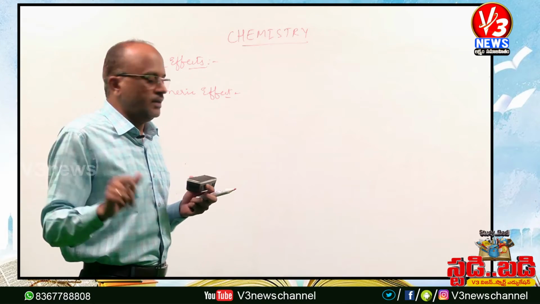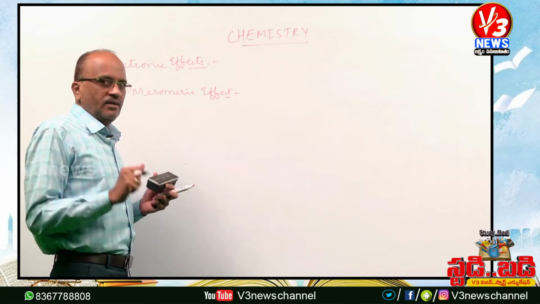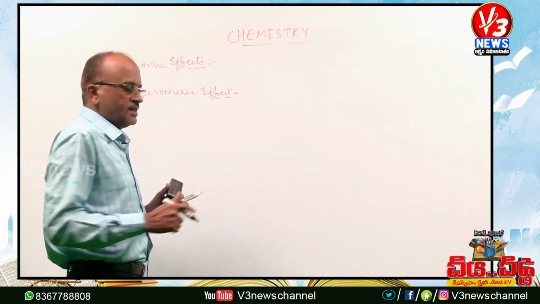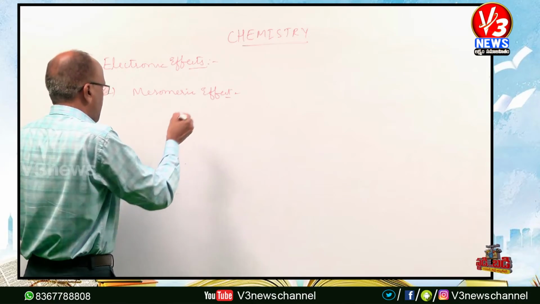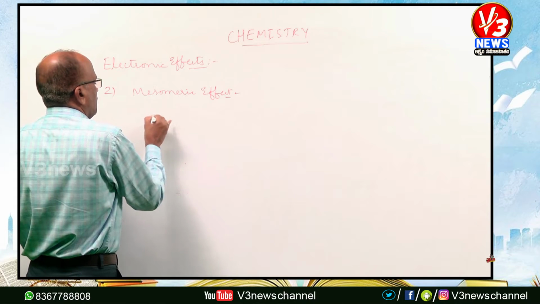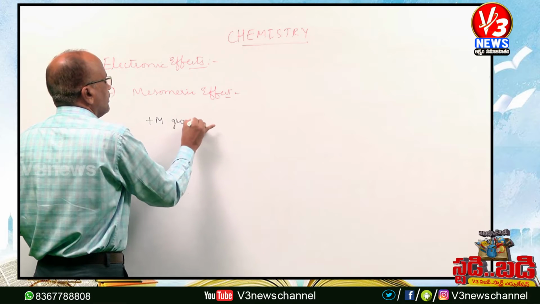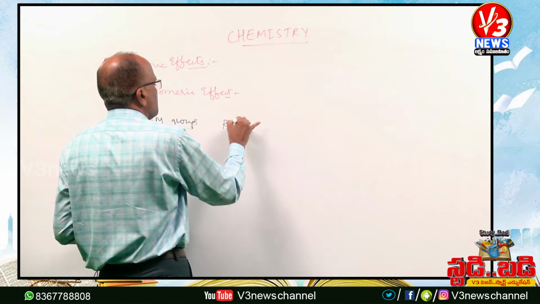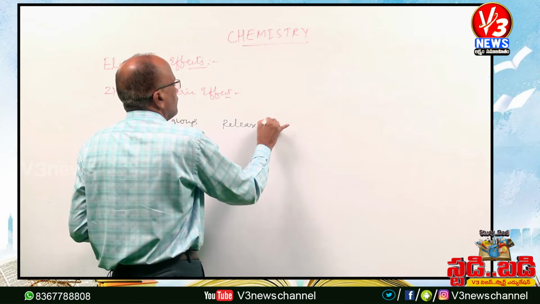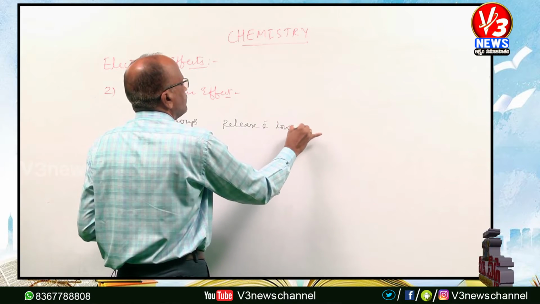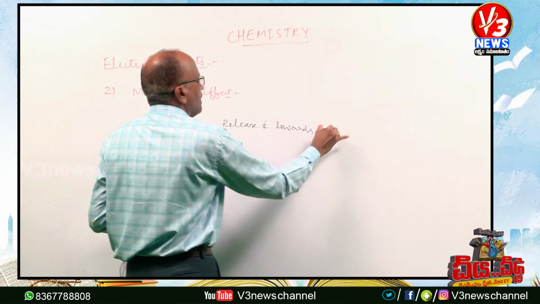Minus mesomeric groups means they withdraw electrons from the pi bond system. So first of all, if we take plus mesomeric groups, they release electrons towards pi conjugation.